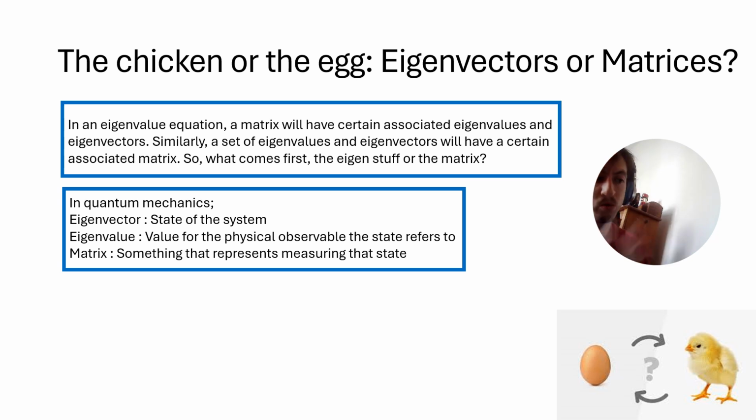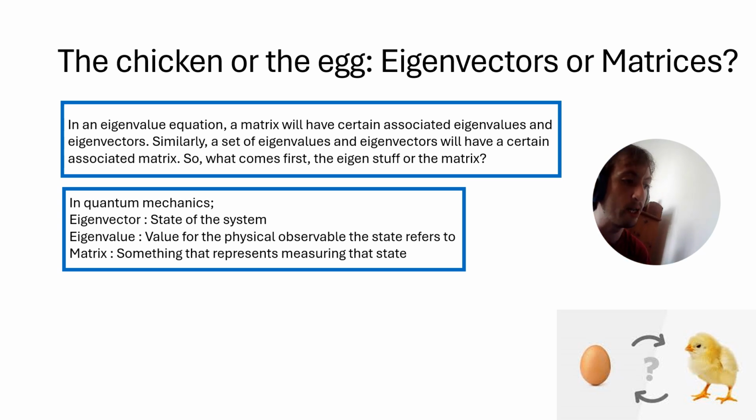So in the context of quantum mechanics, as we said, if we're considering a system that doesn't change with time, so has a state that isn't time dependent, or using technical jargon we say has a stationary state, then the eigenvector represents the state of the system, or a possible classical state of the system anyway, at least classical in terms of that physical observable.